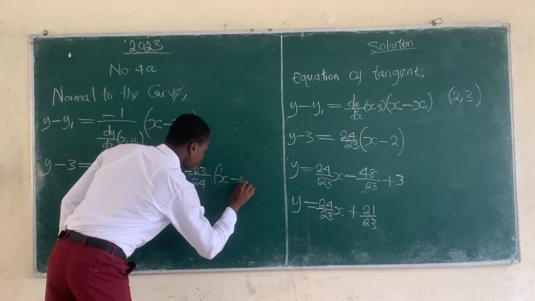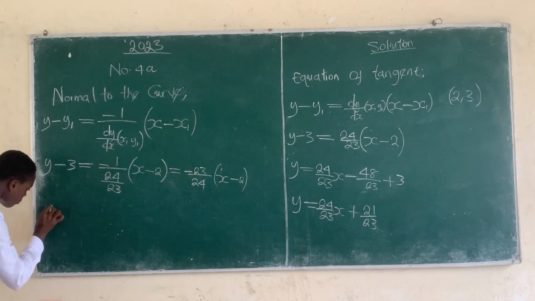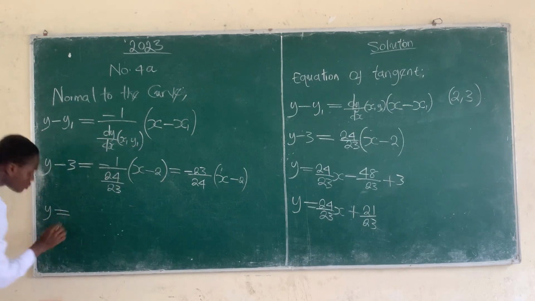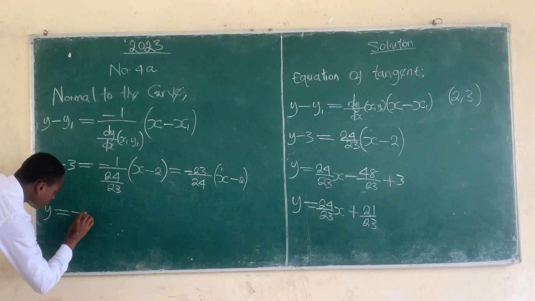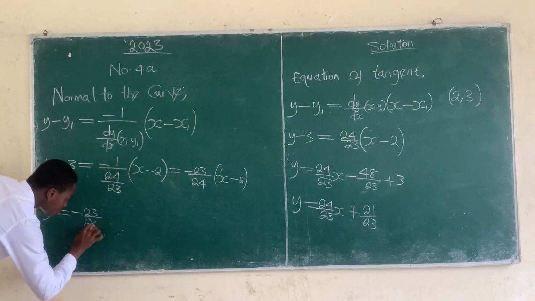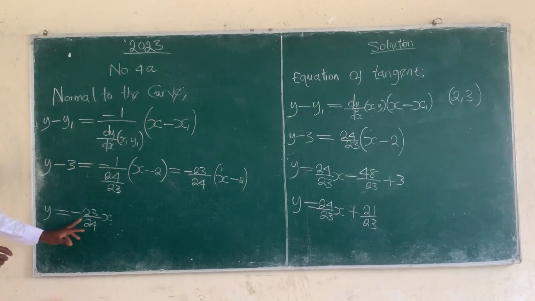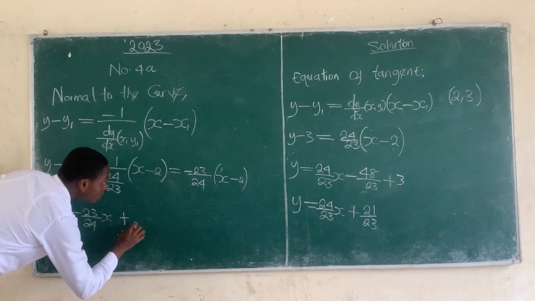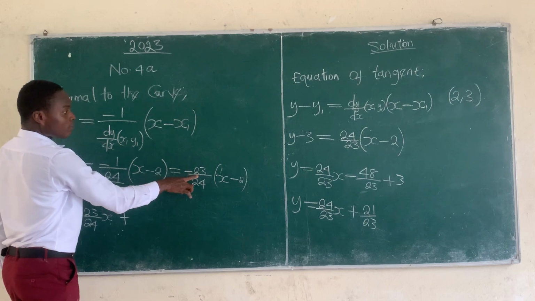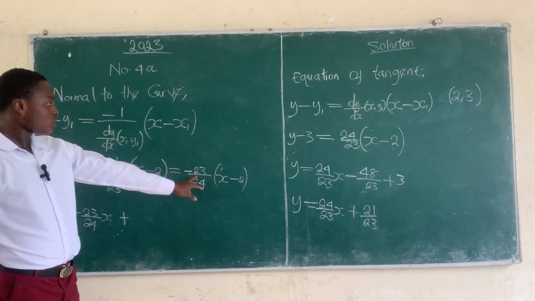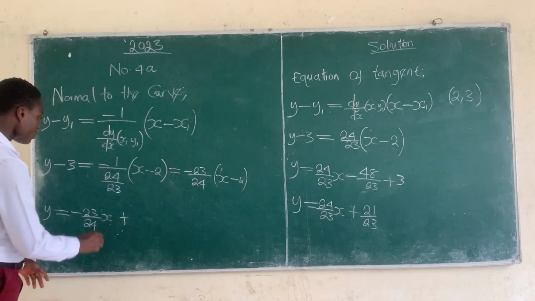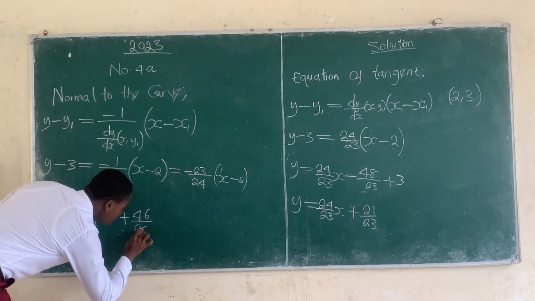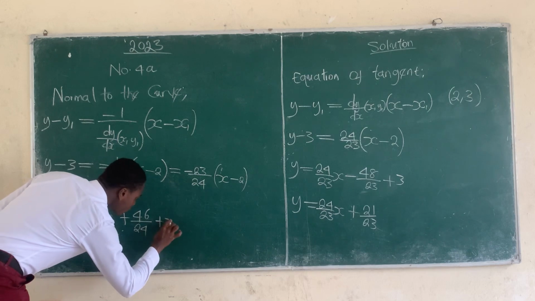So we have y, you send 3 to the other side, you have y to be equal to minus 23 over 24x plus 23 times 2, which will give us 46 over 24, plus 3.